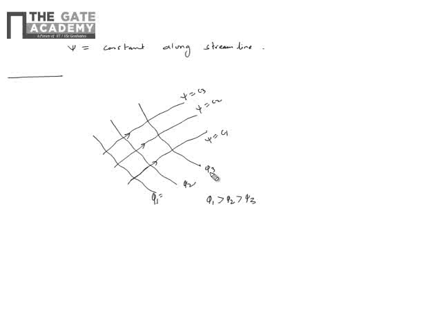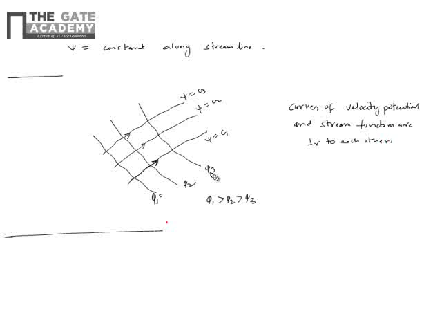So flow is taking place in the decreasing direction of velocity potential. The curves of velocity potential and stream function are perpendicular to each other, which can be proven. So this is basically a flow net. Let's solve some problems on this part.